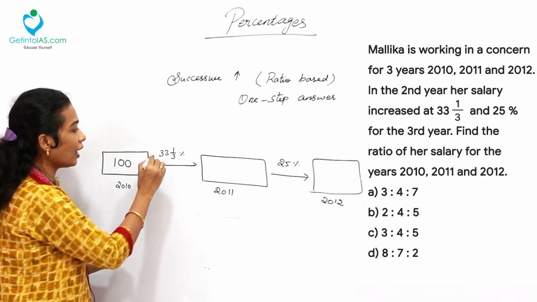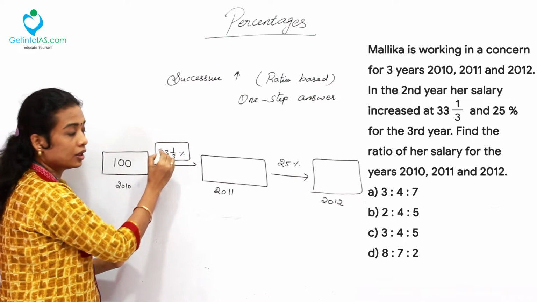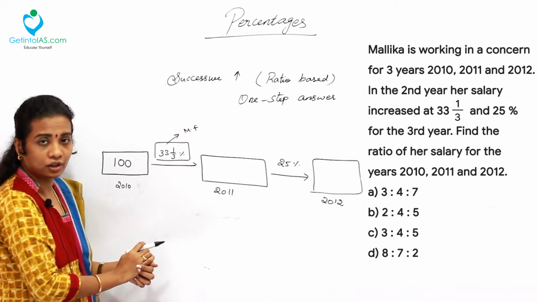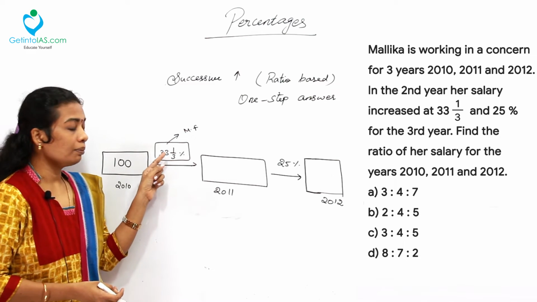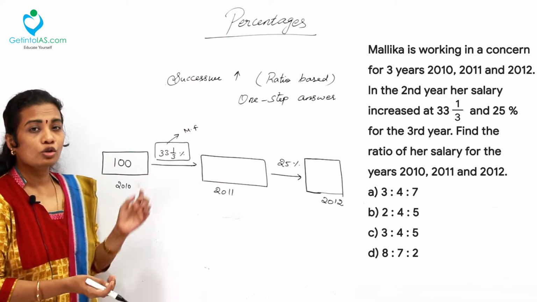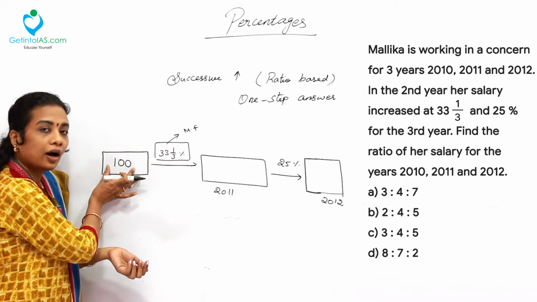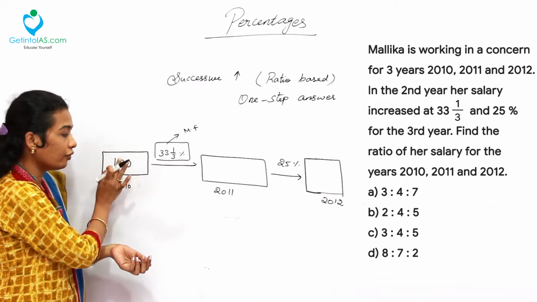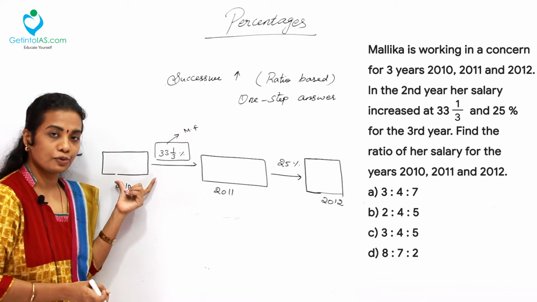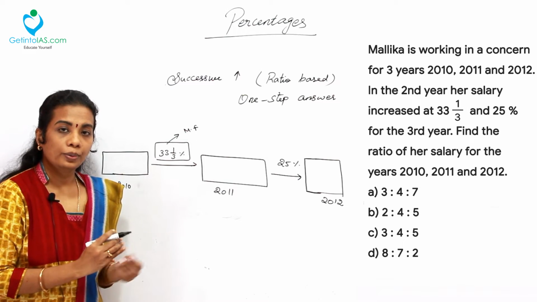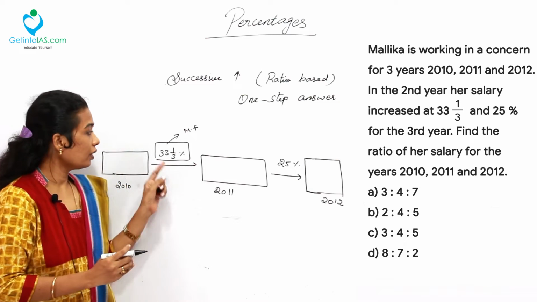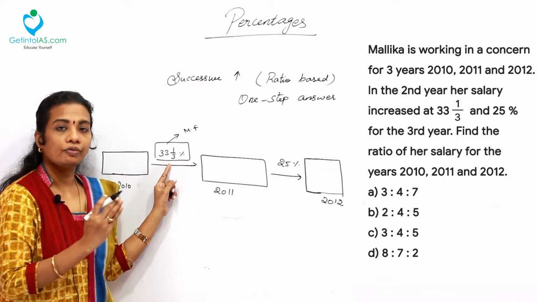But in this case, you want to note this percentage which is given in the form of mixed fraction. 33 1/3% which is given in the form of mixed fraction. So don't always take 100 as your value of assumption. Now, what is the value to be taken over here is simply you can use the technique of converting this percentage into fraction.